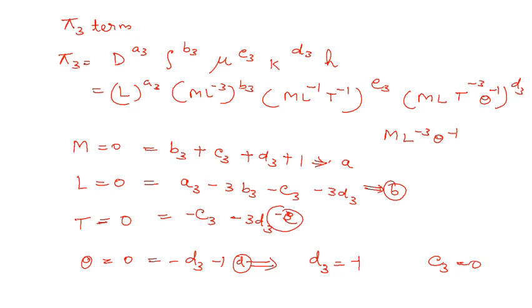Then substituting both the d3 and c3 values in the next one, I can get the b3 value. If I use that one, I get b3 value is equal to 0. Substituting b3 to be 0 and the other parameters which have been given, I can write 0 is equal to a3 plus 0 plus 0 minus 1. Therefore, a3 is equal to 1.